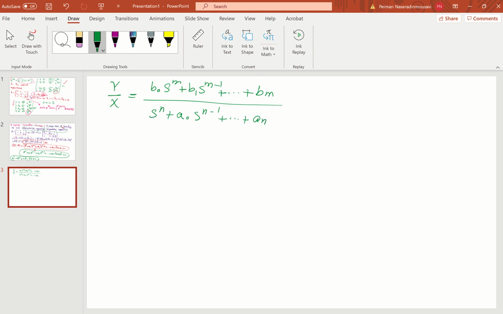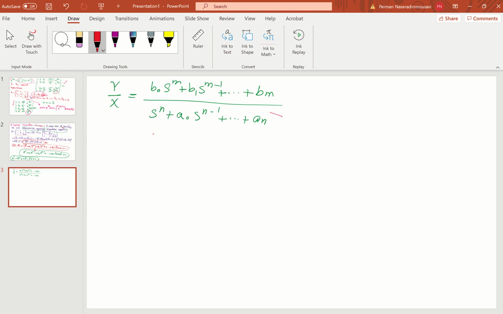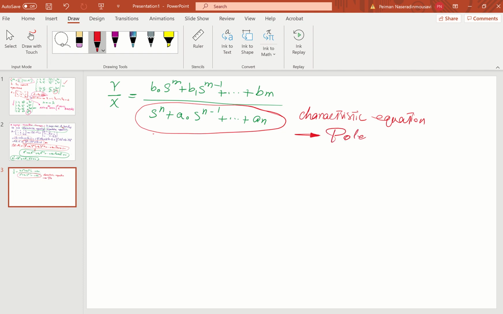Remember that in undergraduate control we were calling this equation what? Can you tell me? Yes, the characteristic equation. The characteristic equation is the denominator that gives you the system poles.